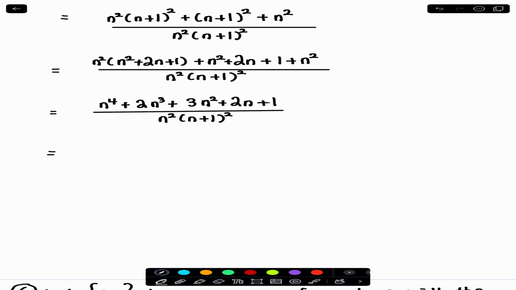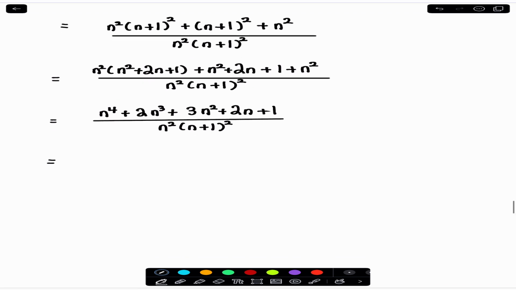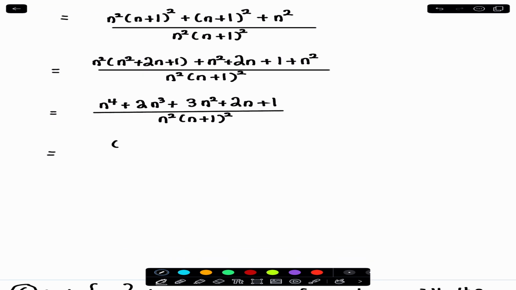The crazy thing about the numerator is it actually factors very nicely into something like this.